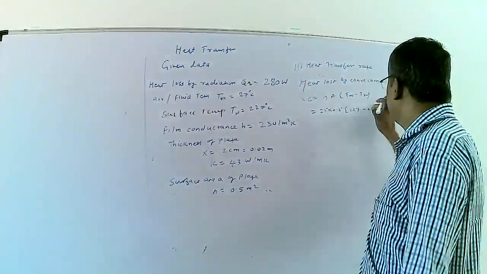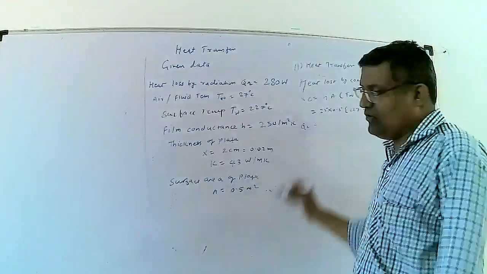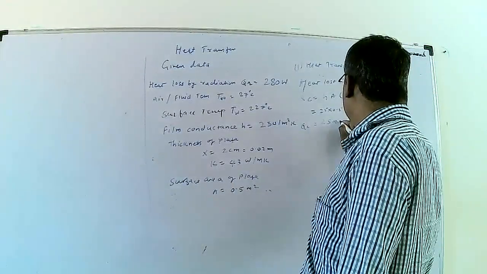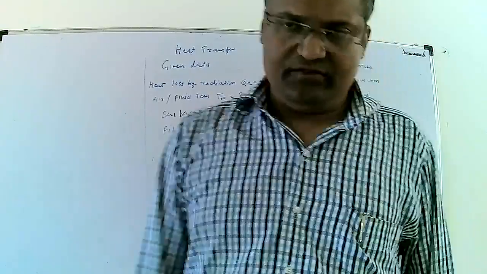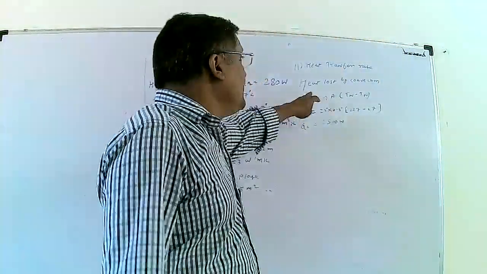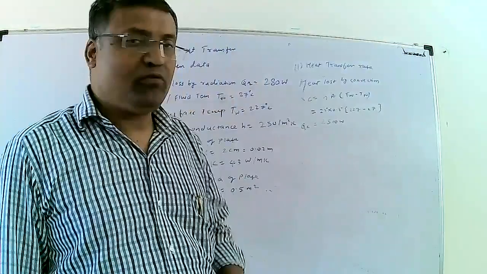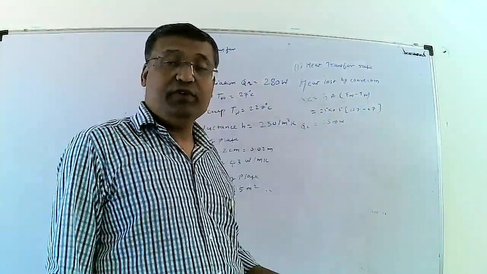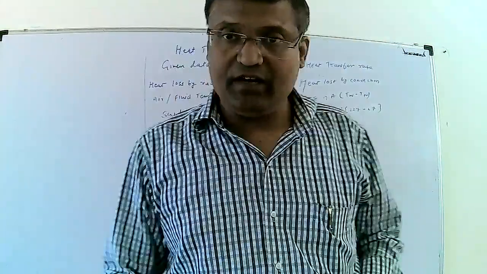Then we find the value of QC, 2500 watt. That is the heat loss by convection. The formula is QC equal to HA TW minus T infinity. We substitute the values and finally we calculate.